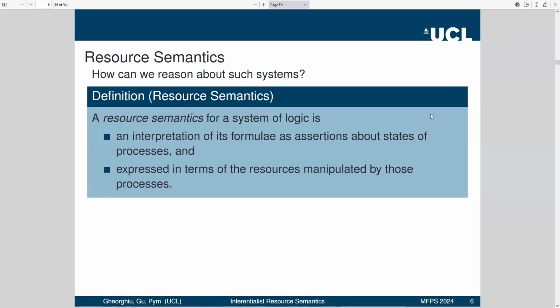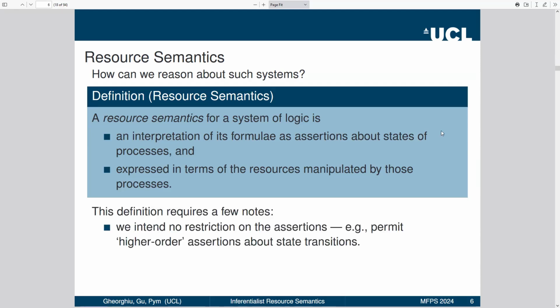Okay, so what we mean by resource semantics is an interpretation of formulae in terms of the system. So particularly about state and process, and in which we can express the behavior of the resources and the processes. So this is supposed to be quite general.